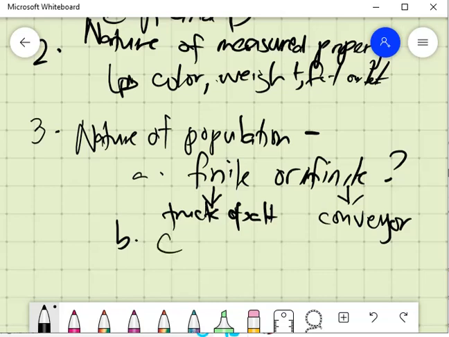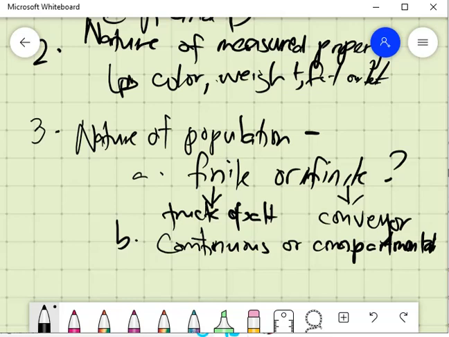And then if it is continuous or compartmentalized. So continuous, like for example, liquid milk or oil in a tanker, right?